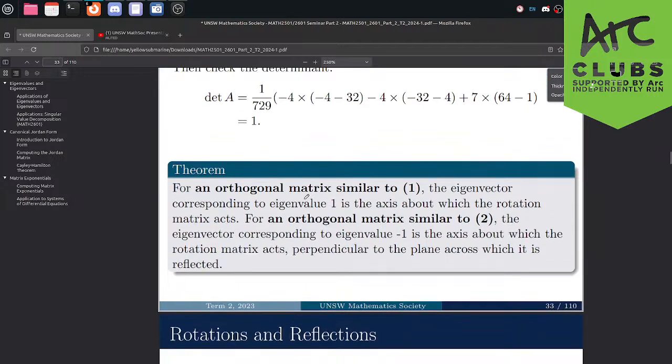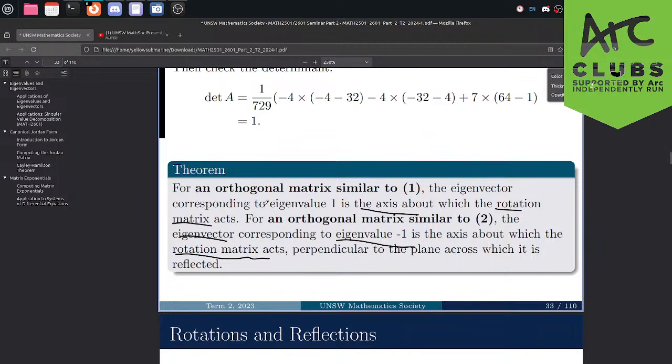So for an orthogonal matrix similar to the rotation, the eigenvector corresponding to eigenvalue 1 is the axis about which it rotates. So this is how we find the axis of rotation. For an orthogonal matrix which is a reflection and a rotation, we have an eigenvector which corresponds to eigenvalue -1, and this is going to be the axis of rotation again, but this time it's also perpendicular to the plane across which it's reflected.